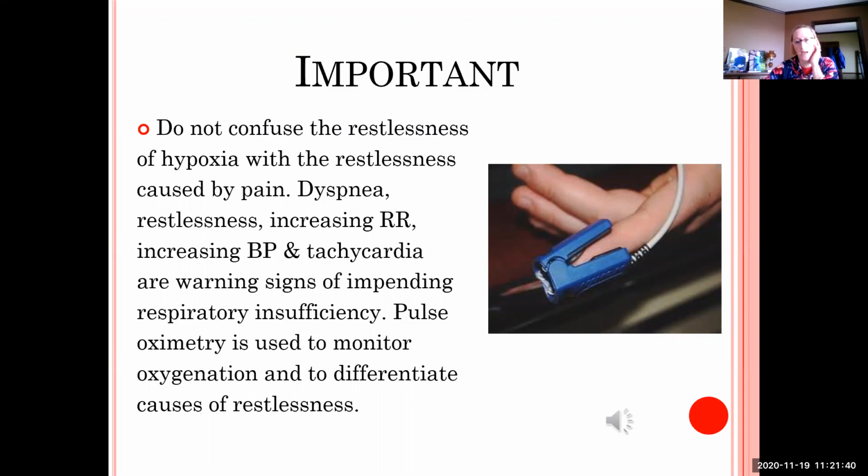So maintain adequate pain relief, but still monitor for signs of dyspnea, restlessness, increased respirations, high blood pressure, and tachycardia. Those can all be signs of impending respiratory insufficiency. Make sure we're monitoring their pulse oximeter, and again, differentiating the things that could be causing restlessness.